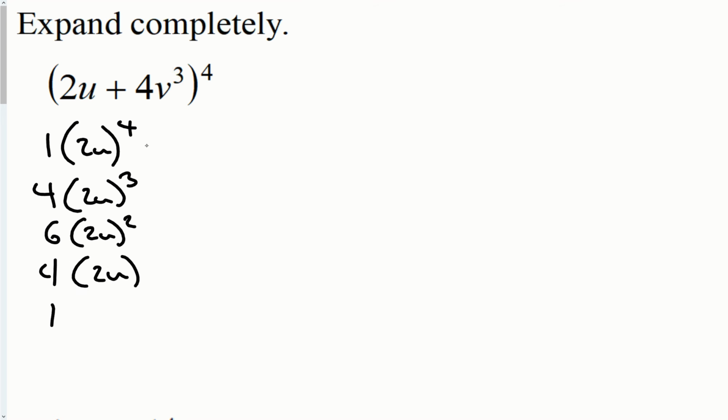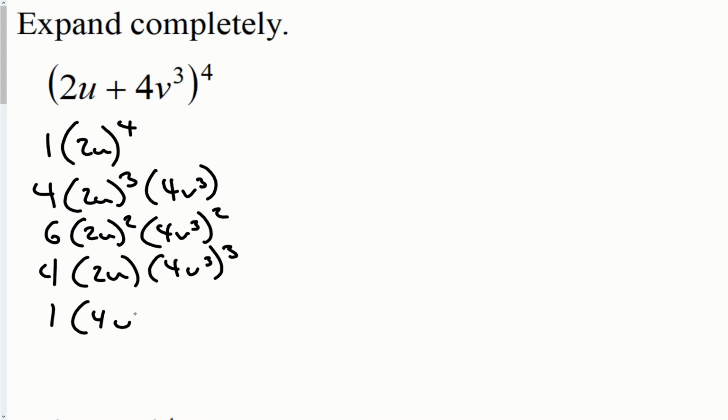Now, we start with nothing with the second term, 4v to the third to the first, 4v to the third squared, 4v to the third, and then 4v to the third to the fourth.